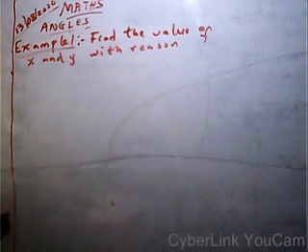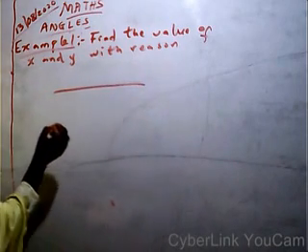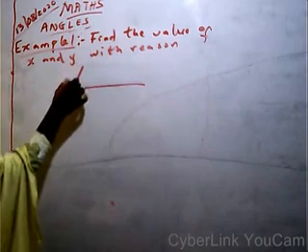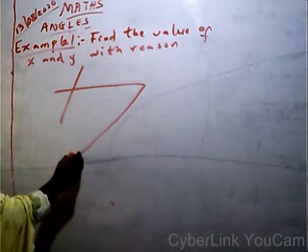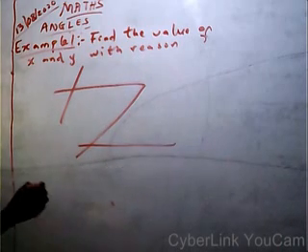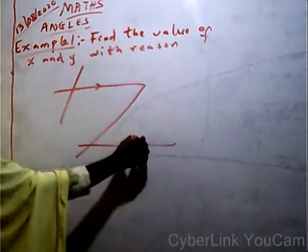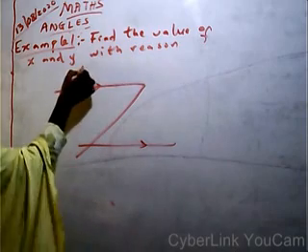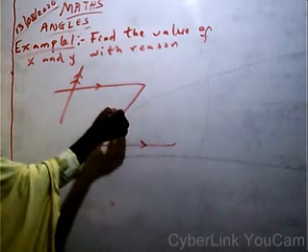Now, here's how the diagram looks. You have something like this. In this diagram, we have two parallel lines. This line is parallel to this line, and this line is parallel to this line.